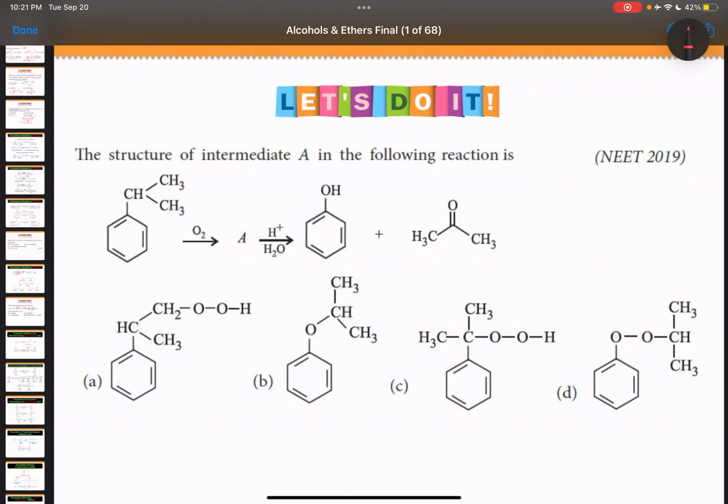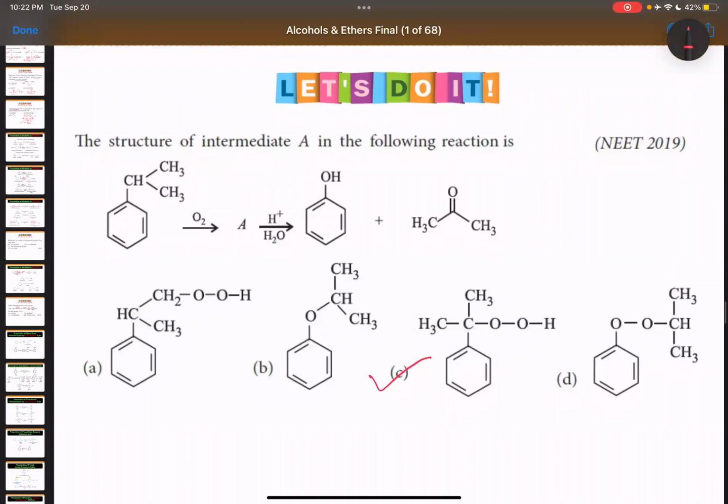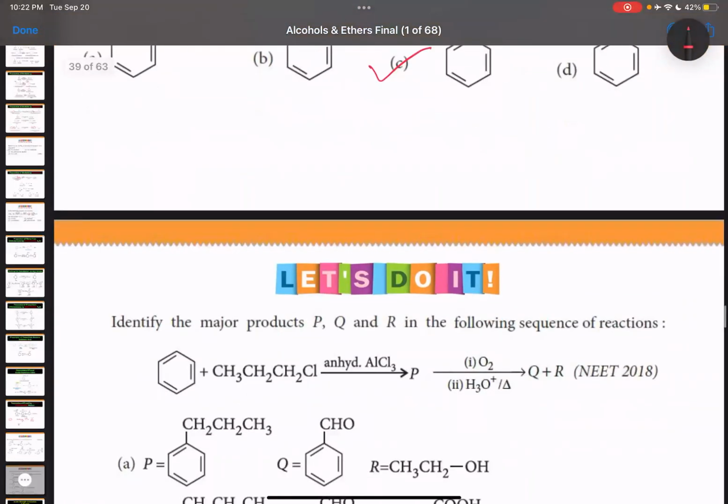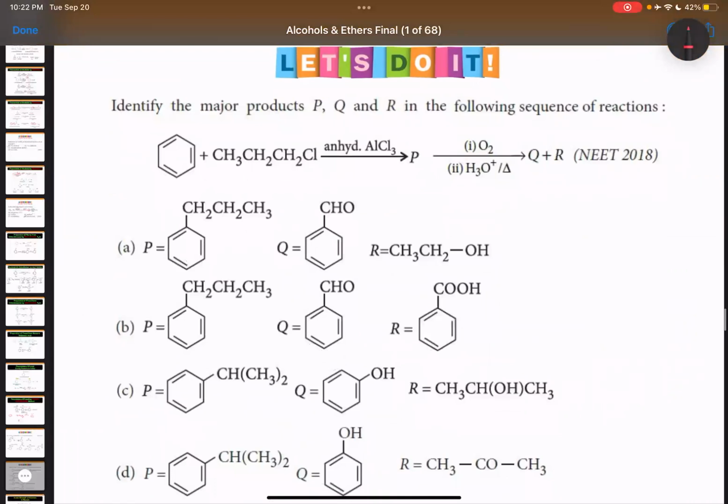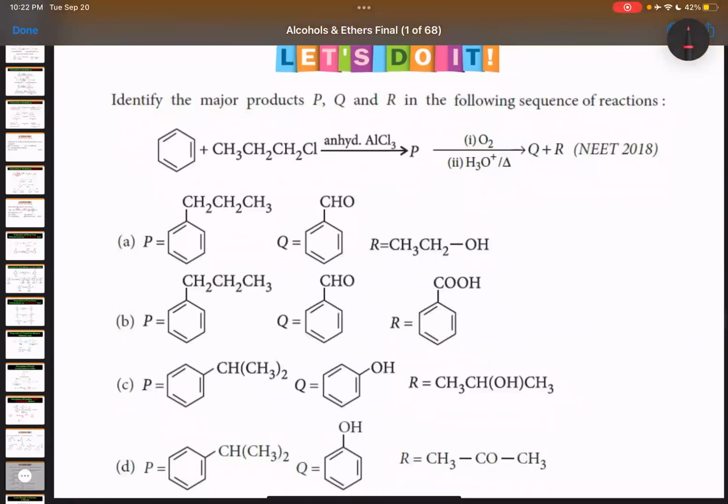So what is going to be the answer? Option C, the third one. Right, cumene hydroperoxide. This is hydroperoxide. What about this one?